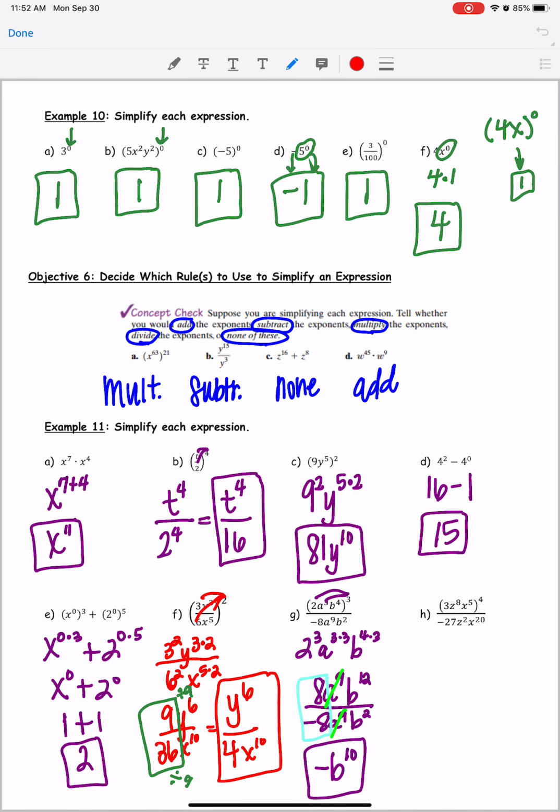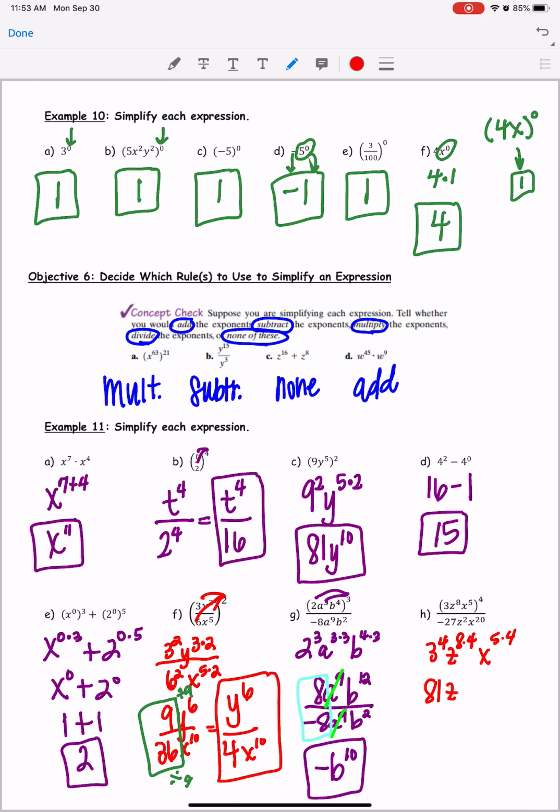And then my last one here, same concept. This 4 only needs to be distributed to the top. So we've got 3 to the 4th, z to the 8 times 4, power to a power multiplying, and x to the 5 times 4. So simplify that. 3 to the 4th is 81.